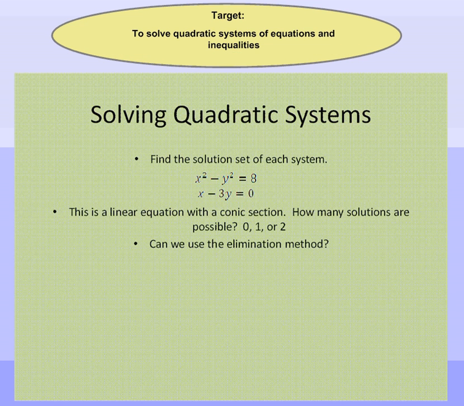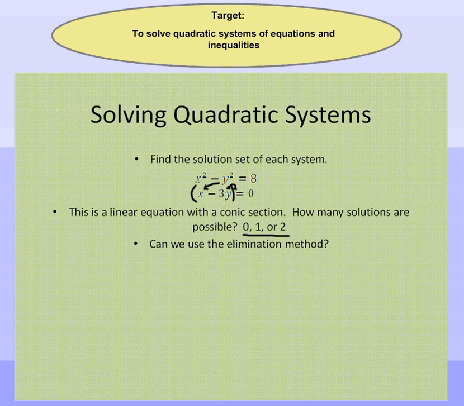Can we use the elimination method here? Most of you would probably choose the elimination method to solve a system of equations. My question to you is, can we use the elimination method? Some of you may be saying, yes, I can use elimination because I can square this. But we know a binomial cannot be squared like that.